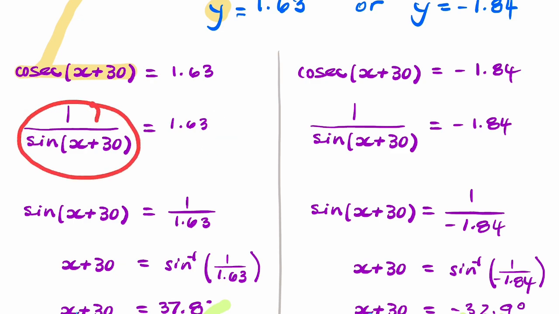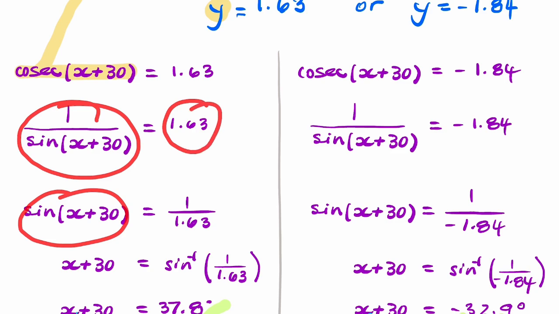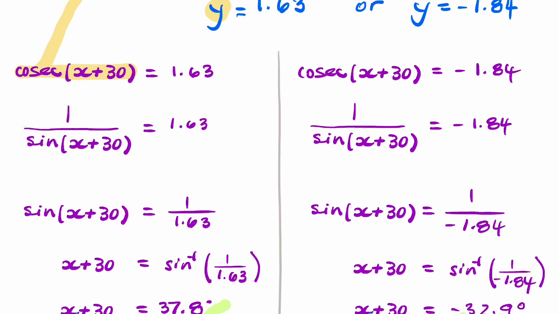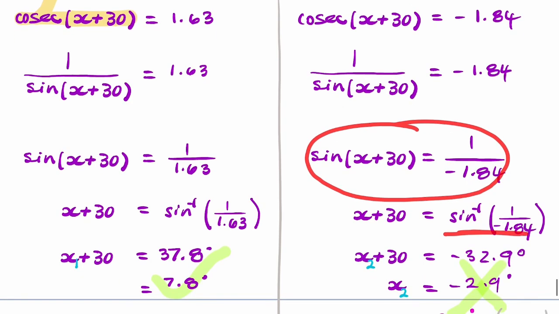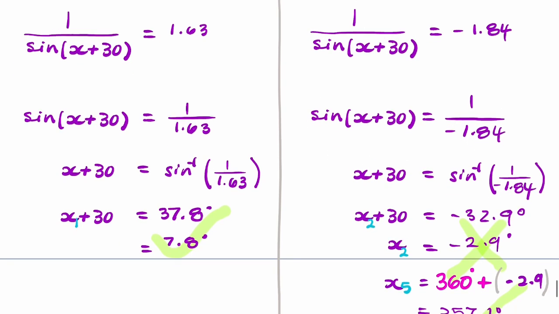So sine becomes 1 over 1.63. And then to get rid of the sine, you need a sine inverse for both sides. The sine inverse will cancel the sine, and you'll find sine inverse of that, and the same here. You need sine inverse for 1 over minus 1.84.